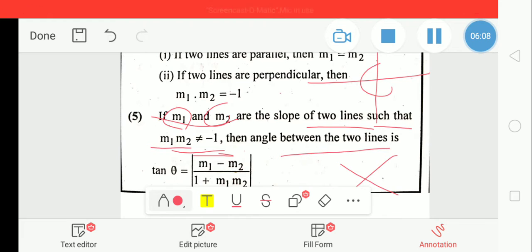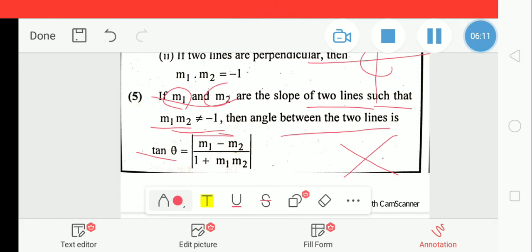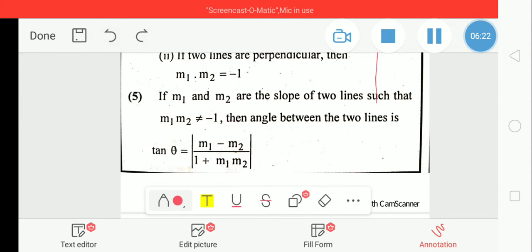Then the angle between the two lines is tan of theta equal to mod of m1 minus m2 divided by 1 plus m1 m2. जब दो लाइन इंटरसेक्ट हो रहे हैं बट नॉट अ परपेंडिकुलर, देन उसका एंगल कितना होगा, tan of theta is equal to m1 minus m2 divided by 1 plus m1 m2. So in this way we are finding the angle between two lines.